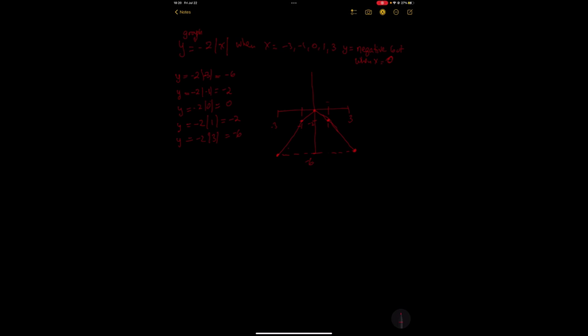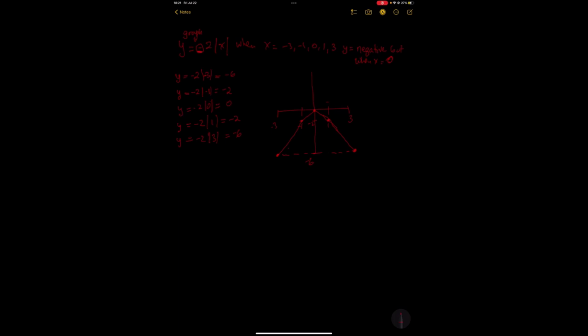Now, like I mentioned, I already knew it would be negative. Why? Because we have that negative right here, which already gave me the answer. If it were positive, then this one would have been flipped upside down.